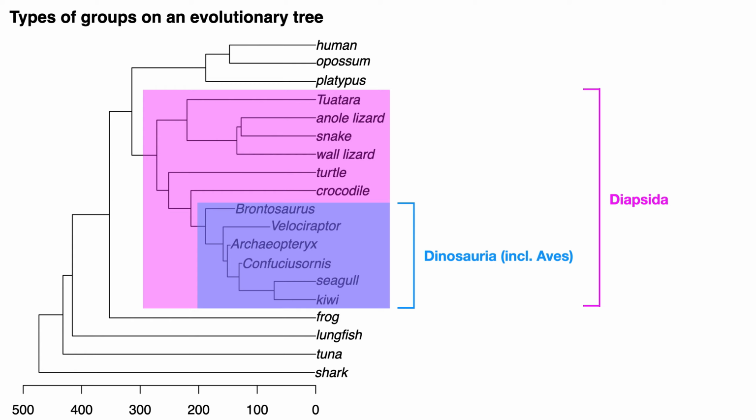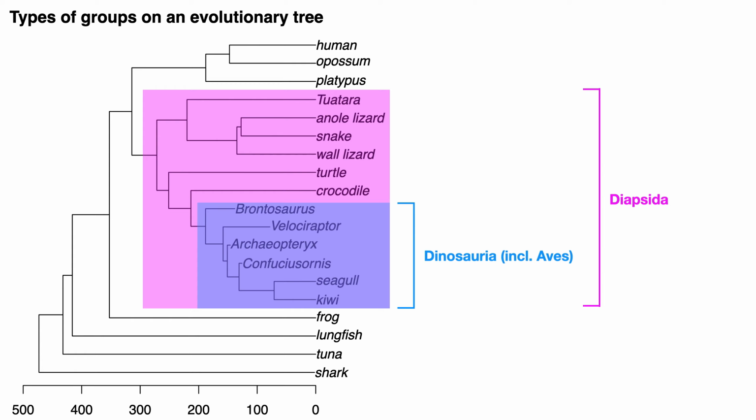Oftentimes when people talk about dinosaurs, they're talking about the big Hollywood dinosaurs from the Mesozoic. But when systematists are talking about dinosaurs, that includes those big extinct ones as well as living birds. So we always say that birds are living dinosaurs, but we see birds nested within diapsids here.